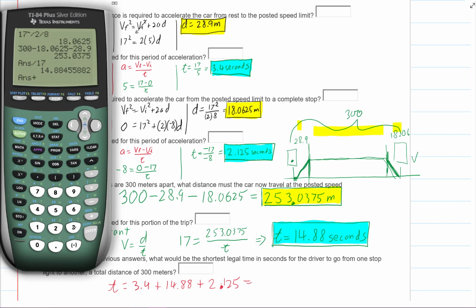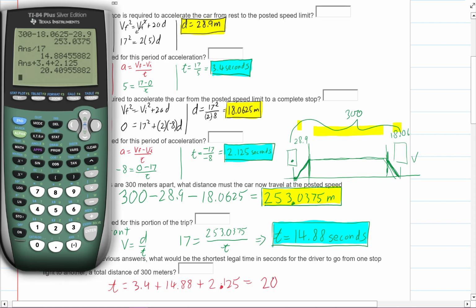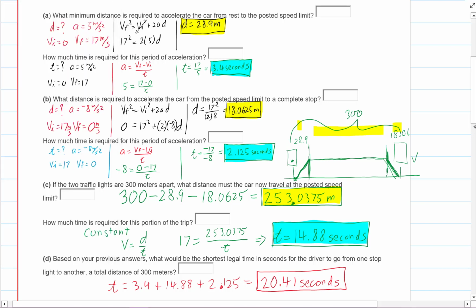So take that number, add 3.4, and add 2.125, and we get the answer to the problem. How long does it take to go from street light to street light? Legally, not going above the speed limit and maxing out the car? 20.41 seconds.